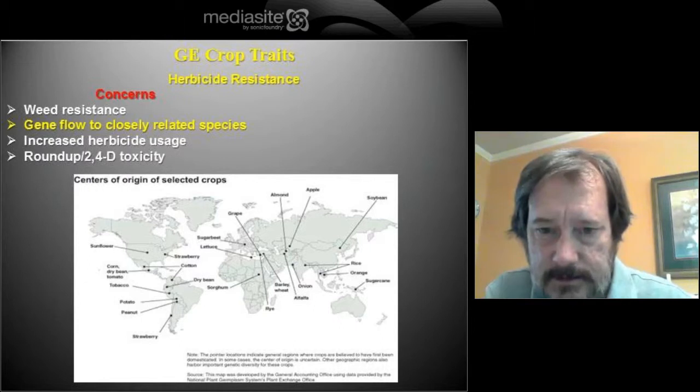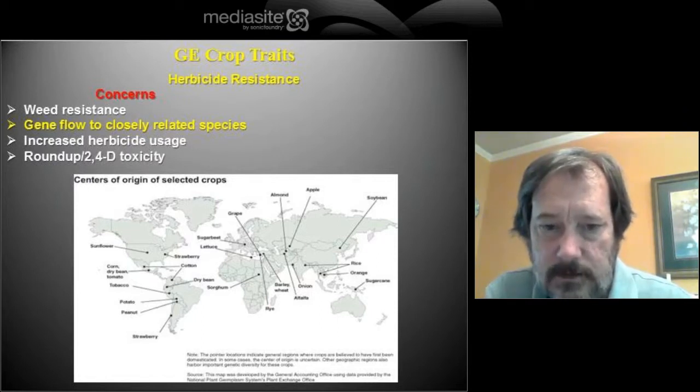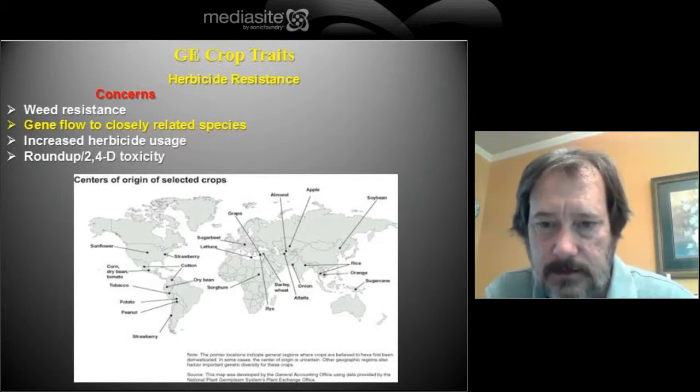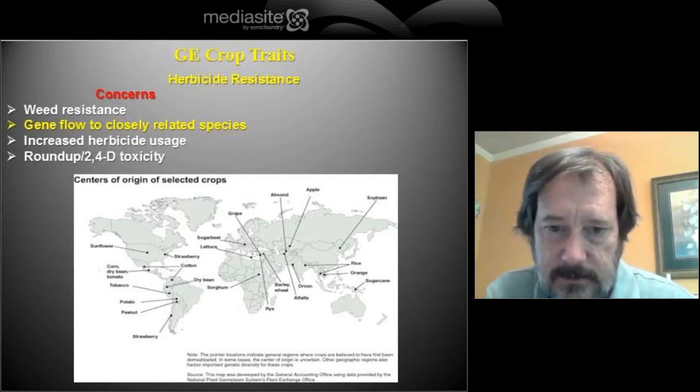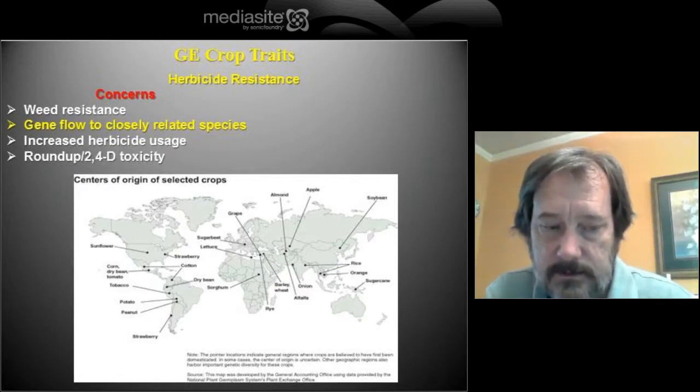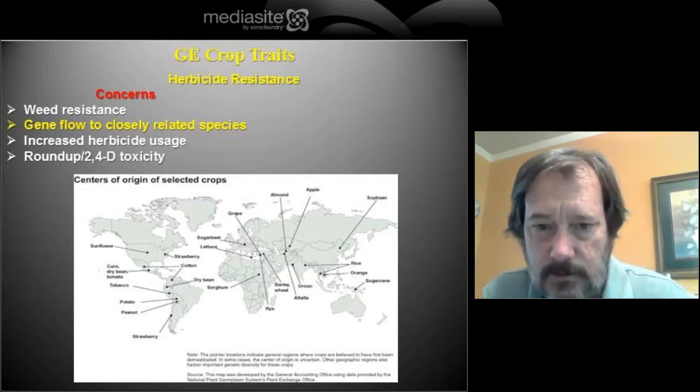For example, if you look at peanuts down in South America, that's the center of origin of peanuts, so you'd have more closely related plants to peanuts that could potentially cross-pollinate with a genetically engineered peanut. So that's certainly a concern that a lot of people have, and in fact, corn is not allowed in Mexico, and that's one of the primary reasons, because that's the center of origin of corn, and there are wild relatives and ancestors of corn in that area.